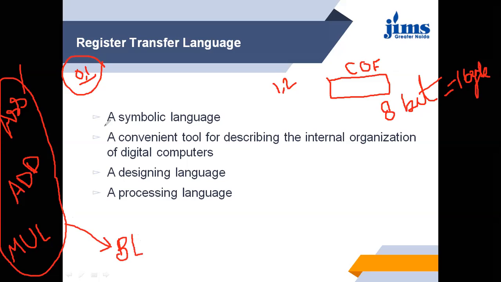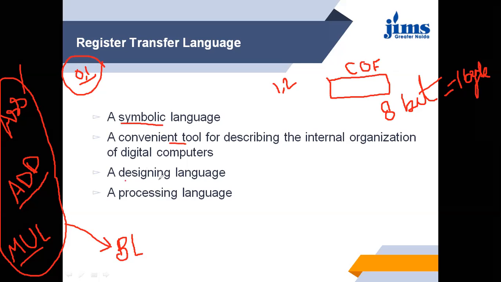So this is a symbolic language. When I have to perform a multiplication, I can write mul. When I have to add two numbers, I can write add. So this is a symbolic language. This is a convenient tool for describing the internal organization of a digital computer.